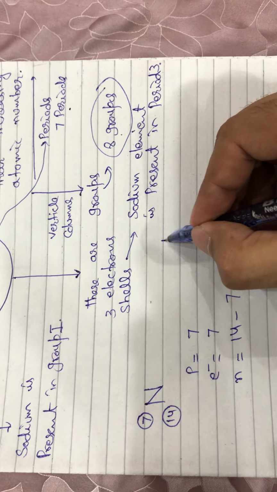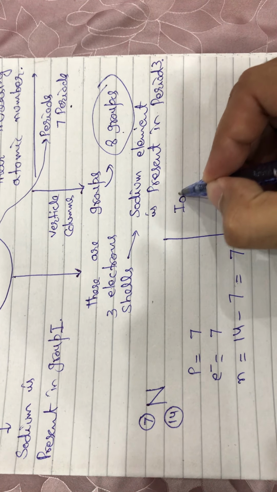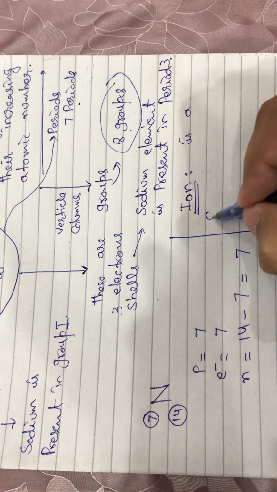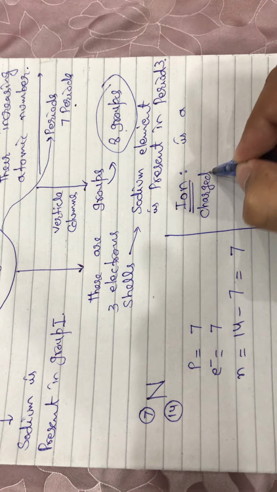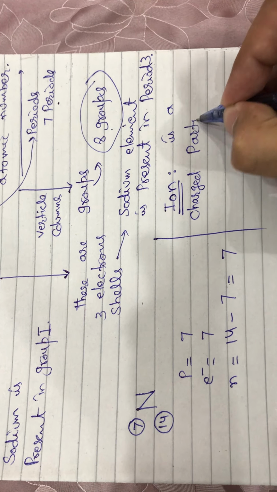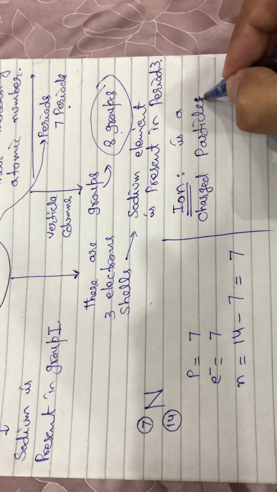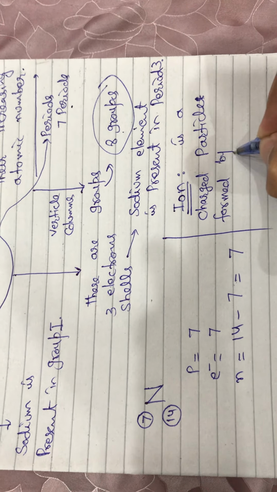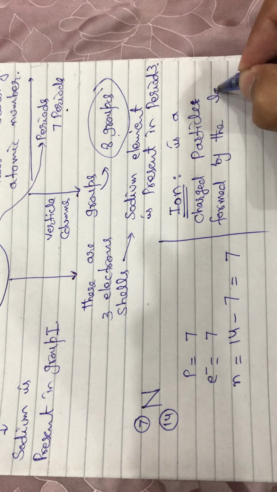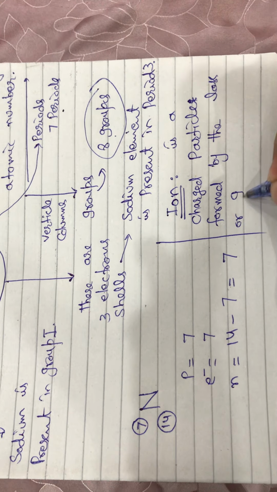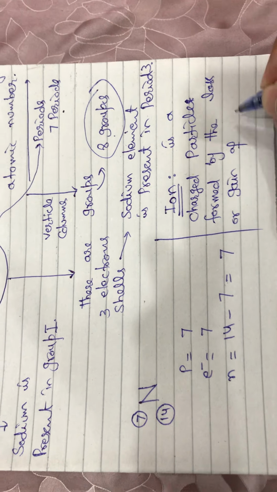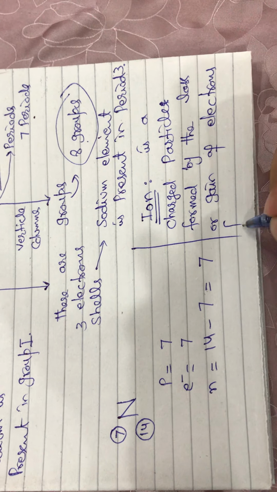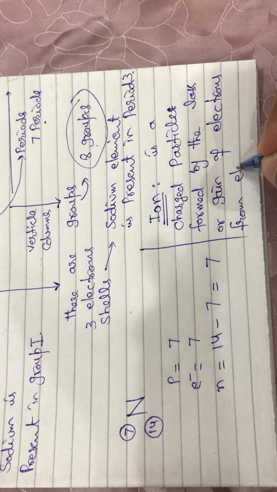But what about the ion? An ion is a charged particle formed by the loss or gain of electrons from elements.